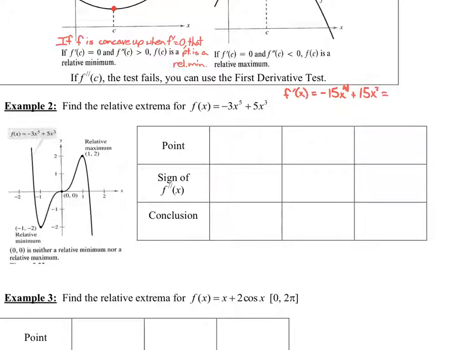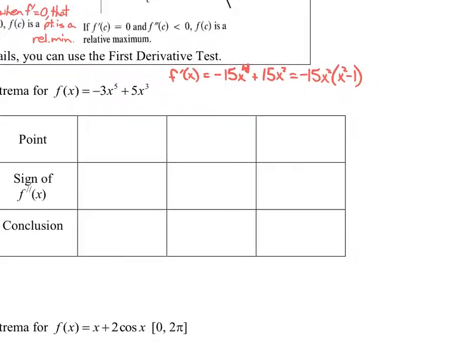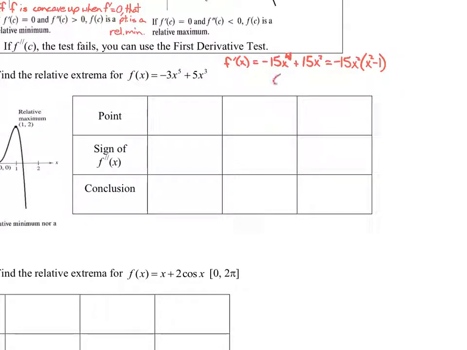I'm going to factor out a -15x squared, and I get x squared minus 1. So my critical numbers are what? Plus or minus 1. 0 and plus or minus 1. Critical numbers: x equals 0, plus or minus 1.